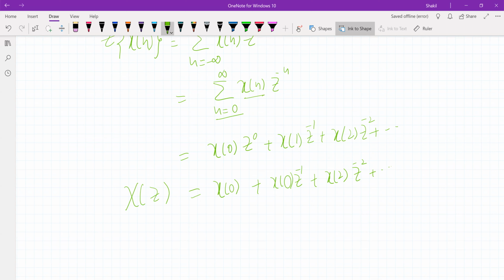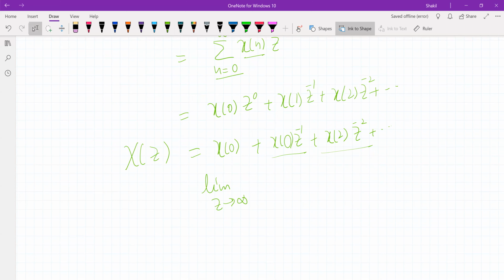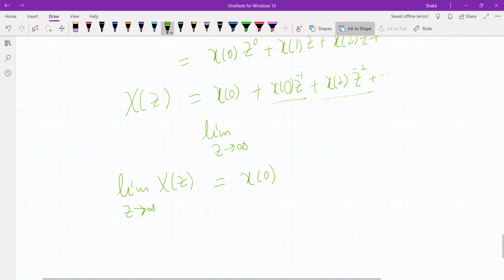Now you can see if I take the limit z tending to infinity on both sides, these quantities are 0, and we are left with x of 0, with no z there. So we can write the limit as z tends to infinity of X of z is equal to x of 0, because the rest of the quantities will be 0 if I take this limit.